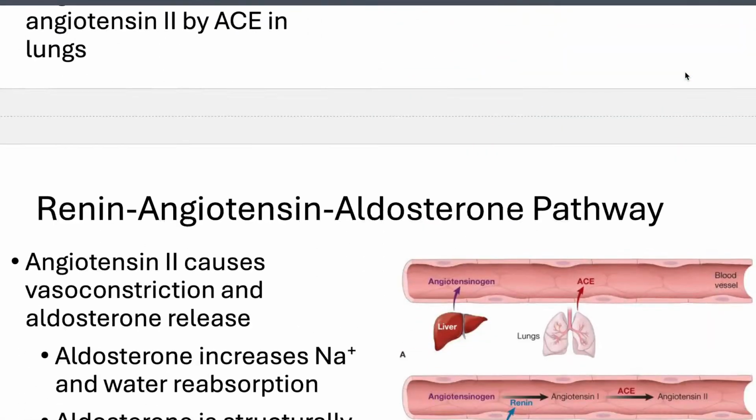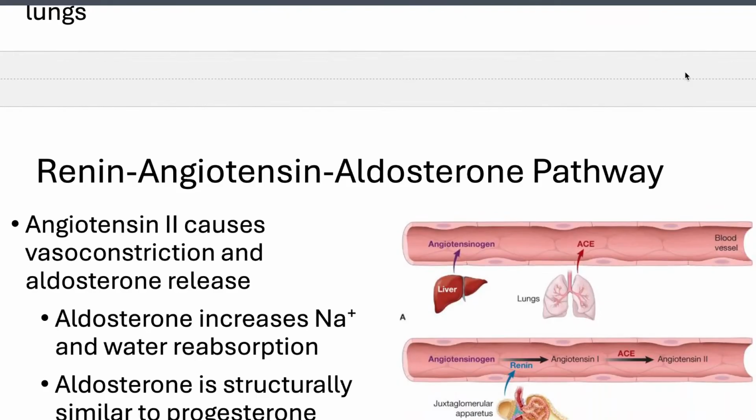And angiotensin 2 causes vasoconstriction and aldosterone release.